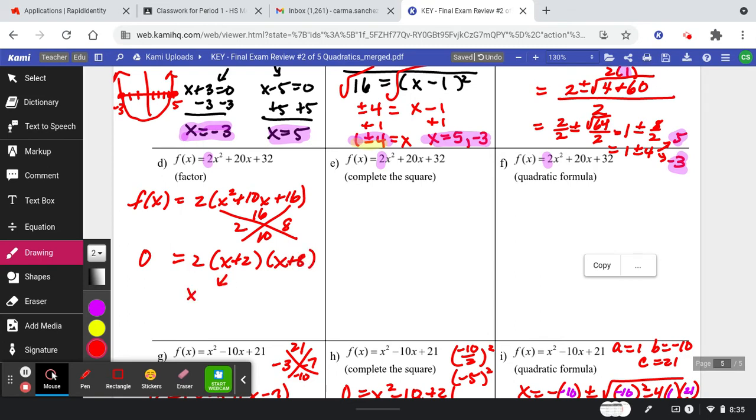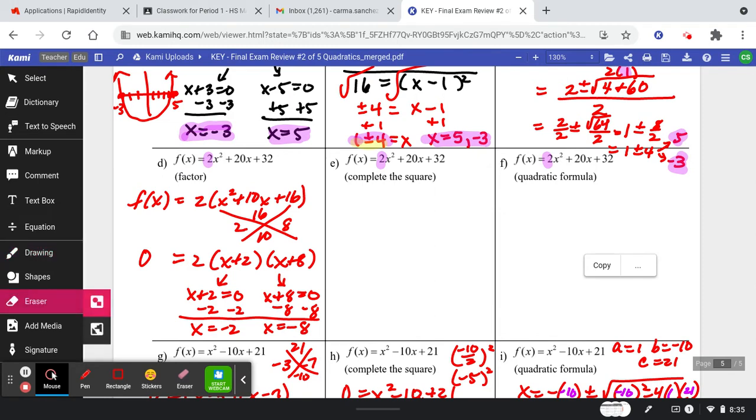By zero product property, we set each factor piece equal to 0 and solve. Now notice that the 2 in front does not have a variable, doesn't have an x, so we don't need to do anything with that.